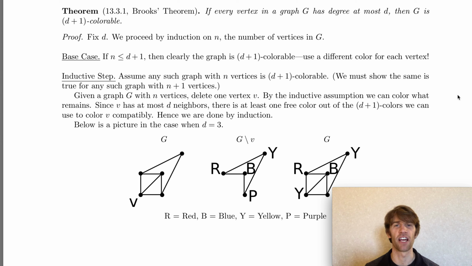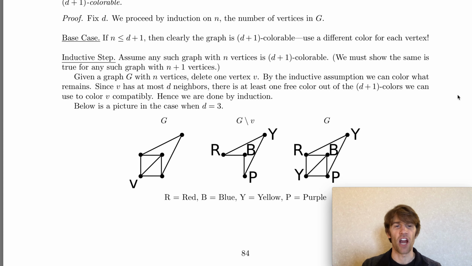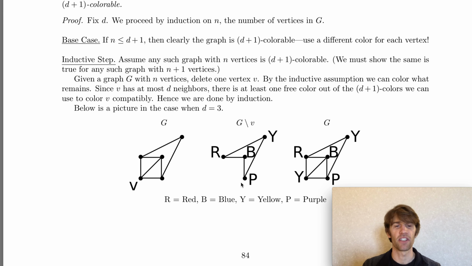Now for the inductive step, we're looking at graphs of degree at most D, and we'll presume that graphs with n vertices satisfying that property are D plus 1 colorable. We need to show that graphs with n plus 1 vertices, one more, are also D plus 1 colorable. So take some such graph. This graph here has degree at most 3.